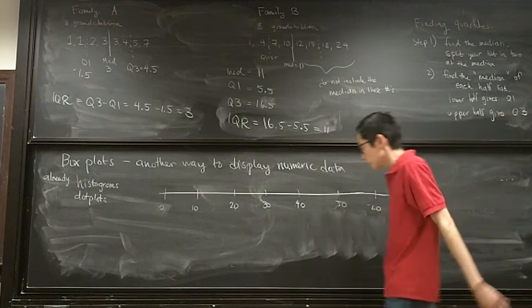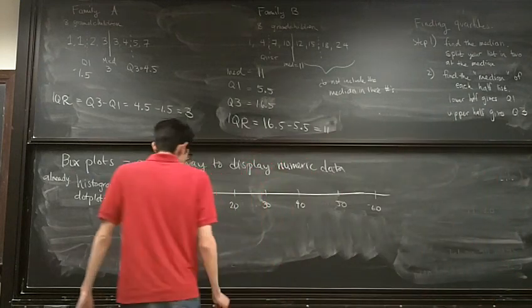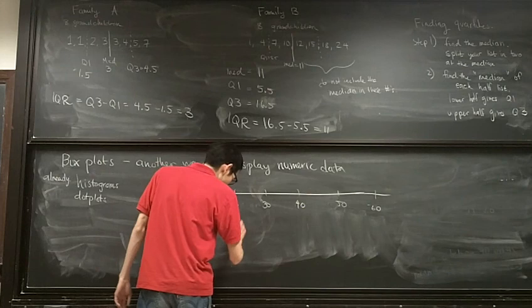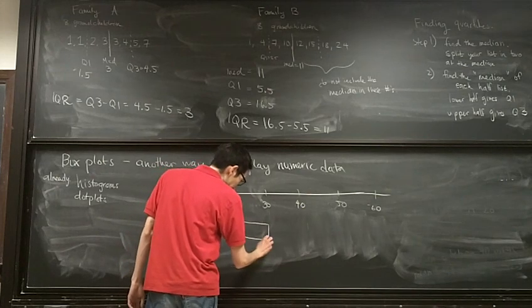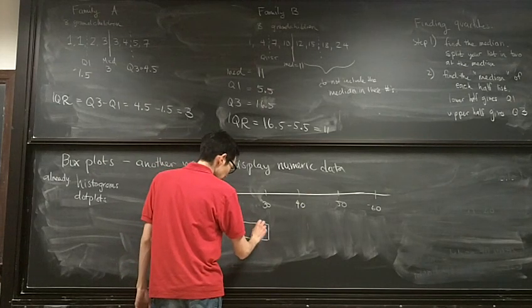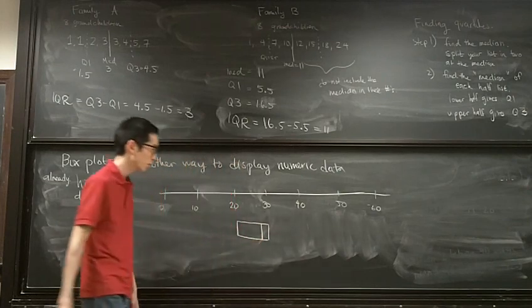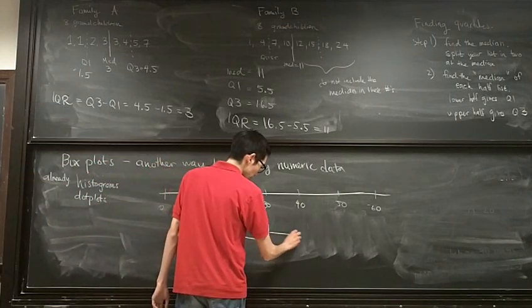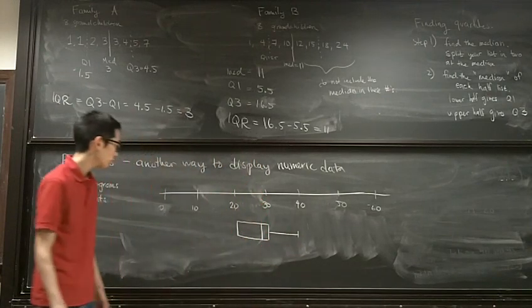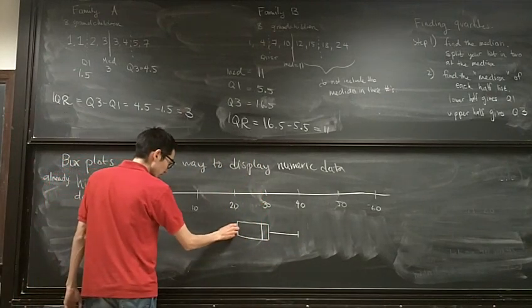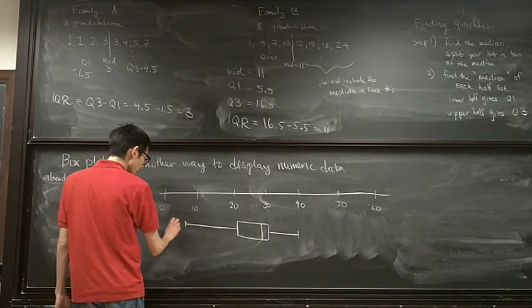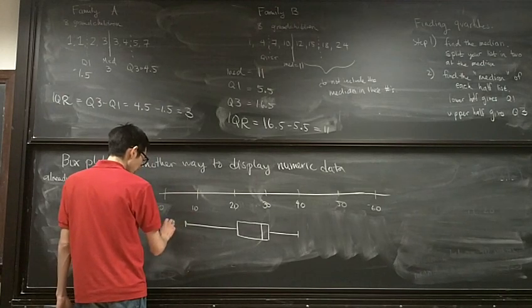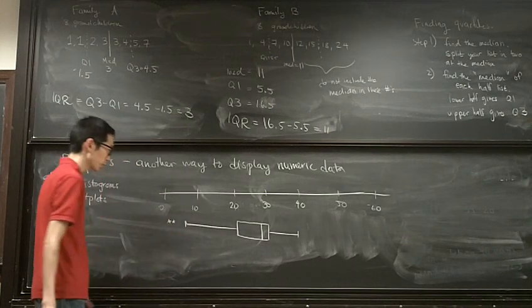The box plot is called such because you see a box. There's often a line somewhere in the box. And then you've got some lines extending from the box, and maybe something like that.